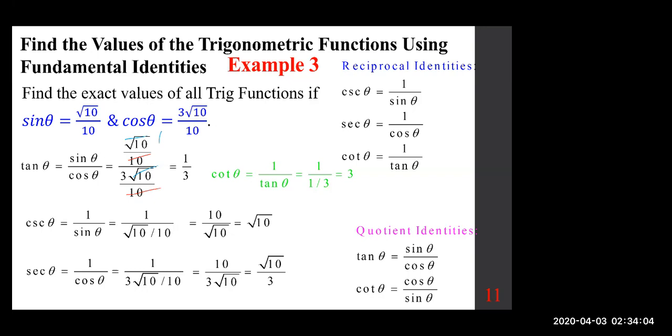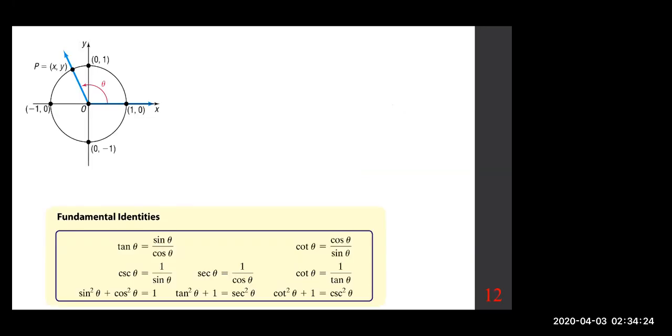I believe we're ready for the next slide. All right. So here's a very important identity. We know x squared plus y squared equals 1, right, class? And we know x is represented by cosine, y is represented by sine.